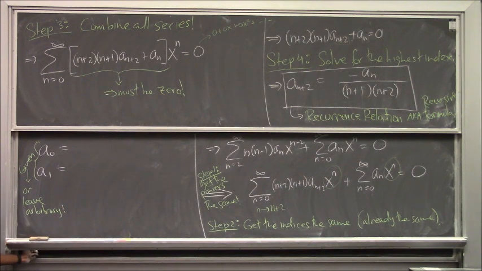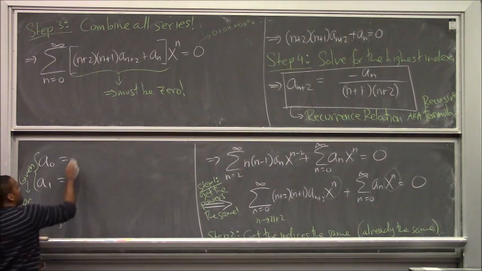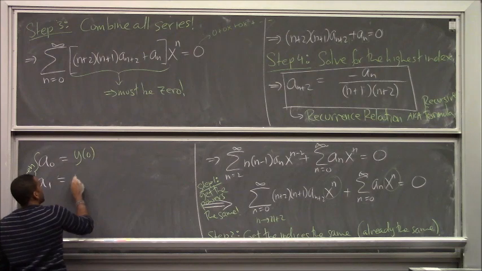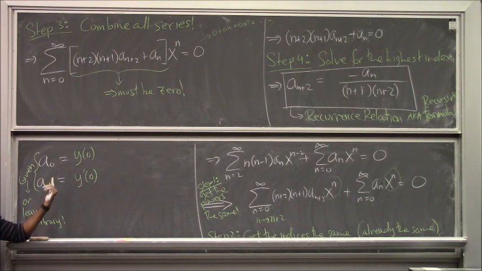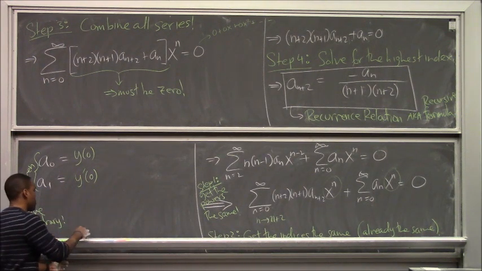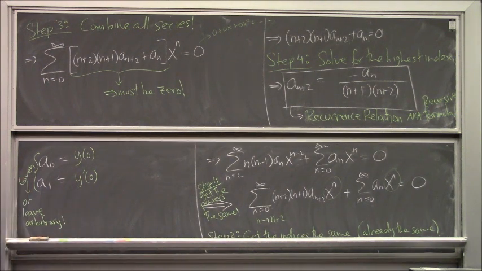Because they're actually going to be your initial conditions. This guy is going to be y of 0, and this guy is going to be y prime of 0. Write out the power series and you'll see y and y prime of 0. So I'm just going to leave A0 and A1 as these conditions, and solve for all other coefficients in terms of A0 and A1.